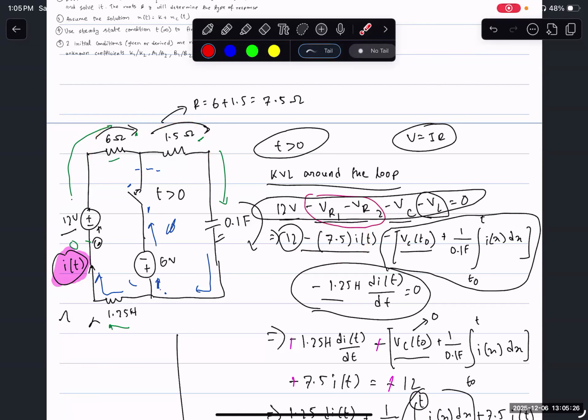So you can just add it up, 6 plus 1.5, which gives 7.5 times the current IT that's flowing through the whole circuit. And then you have the voltage drop through the capacitor, which would be VC at T0.